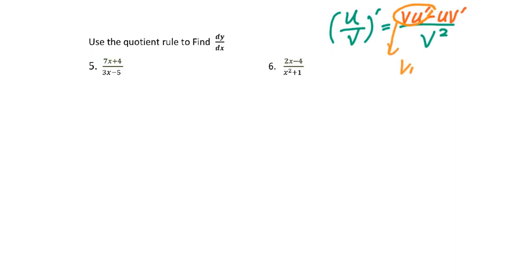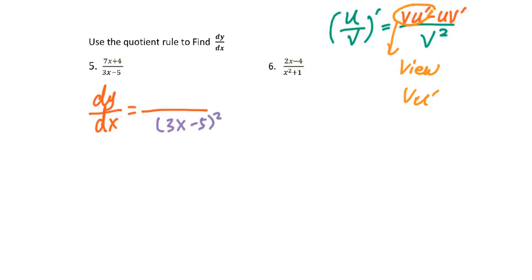How to remember this: the first term when you do the subtraction, I'm using the v u prime. So for number 5, we do the dy by dx. Remember the first step, always make your denominator square. Then your denominator stays.